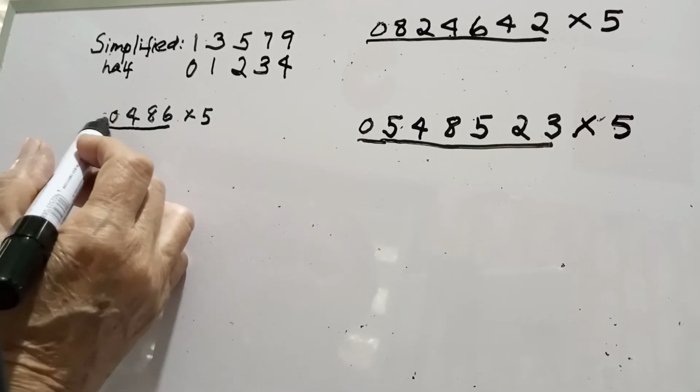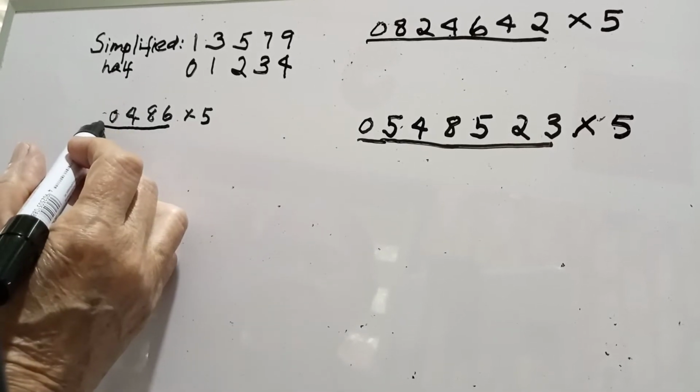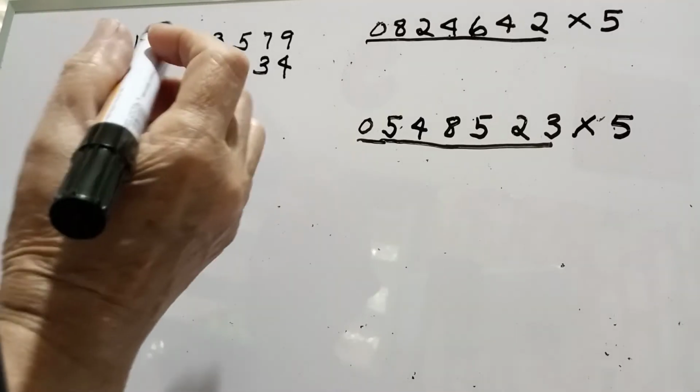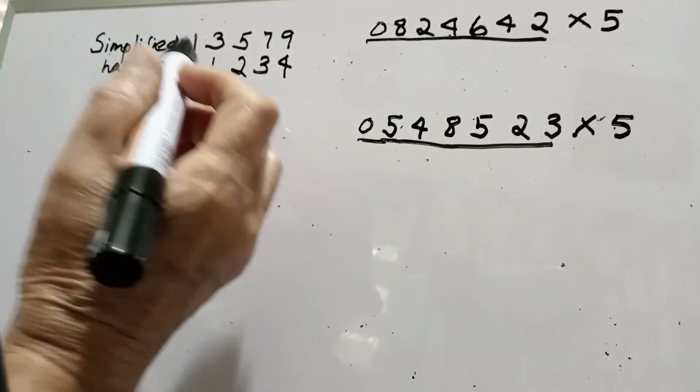So this is the standard format. You must have the 0 before the first number. Okay, now let's start. The first number that we will work is 6.